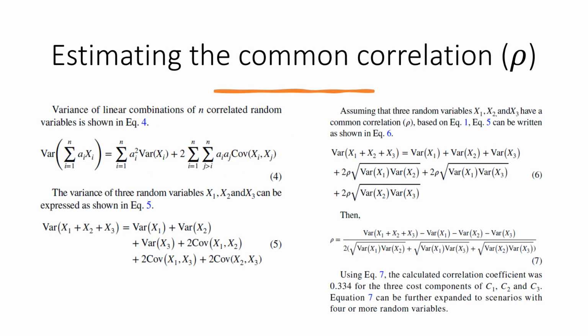We presented the variance of linear combinations of n correlated random variables in equation 4. Under the assumption of a common correlation coefficient of three cost components, we derived the equation of the correlation coefficient. The calculated correlation coefficient was 0.334 for the three cost components.